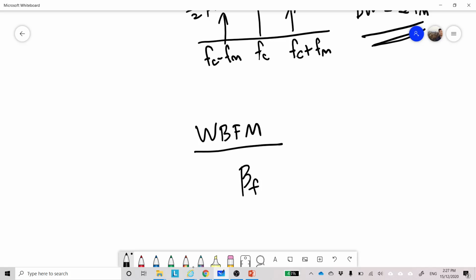So nilai beta menentukan bandwidth yang terhasil untuk signal FM tersebut. So if beta F is larger than 1, it is categorized as a wideband FM. Okay, so dalam you punya nota dia buat kalau dia lebih besar daripada 0.25 ataupun lebih besar daripada 1 lah senang. Okay, if it is larger than 0.25, maka dikategorikan sebagai wideband FM.